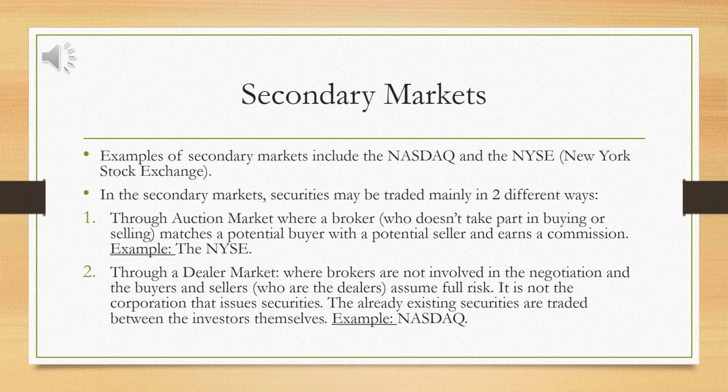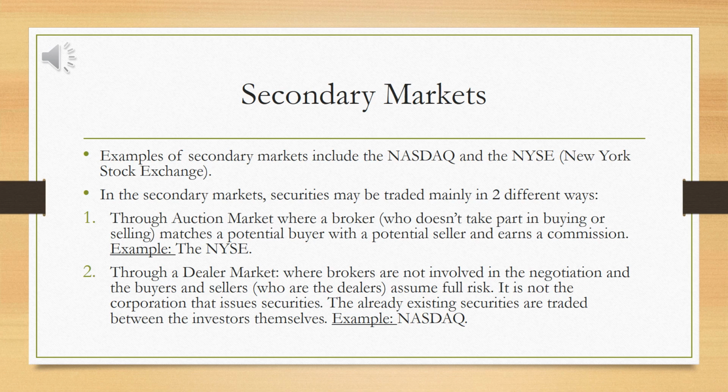In the secondary markets, securities may be traded mainly in two different ways. Number 1, through auction market, where a broker who doesn't take part in buying or selling matches a potential buyer with a potential seller and earns a commission, for example in the New York Stock Exchange.